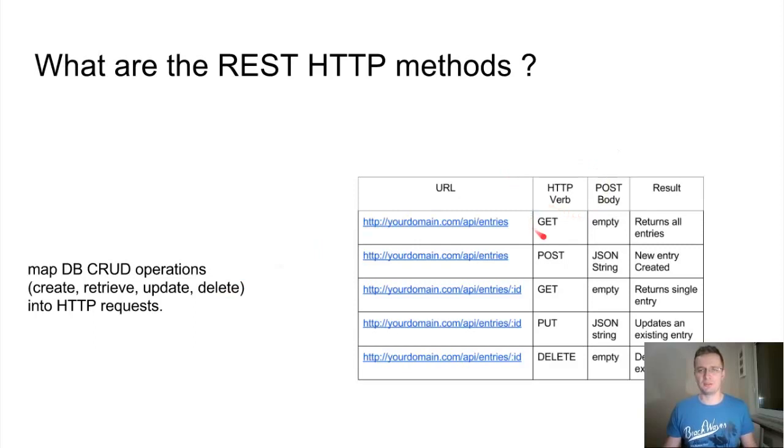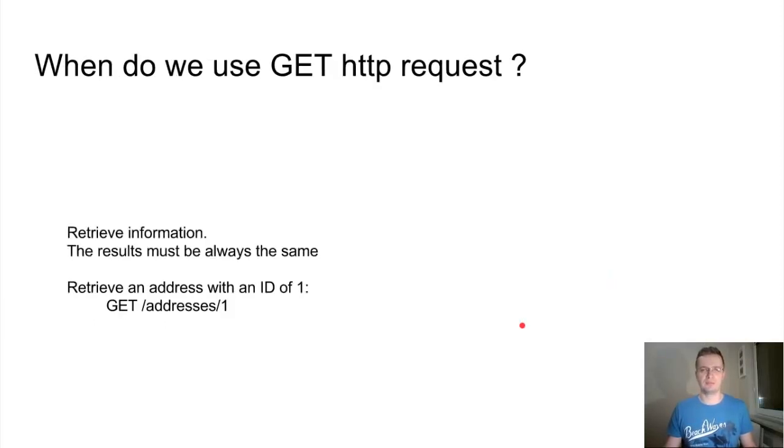As you can see on the picture here, we can have the get for returning all of the entities, and post for new entry, get to return only a single ID of the already stored information, put to update already existing one only entity, and delete to delete some ID from the entities.